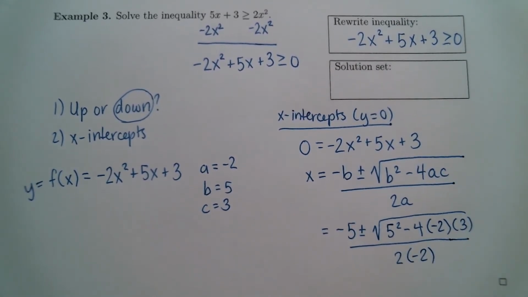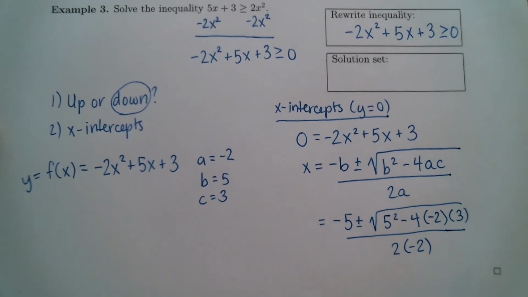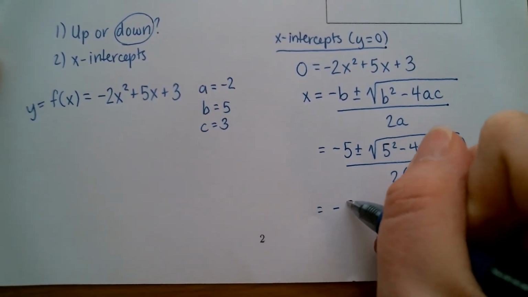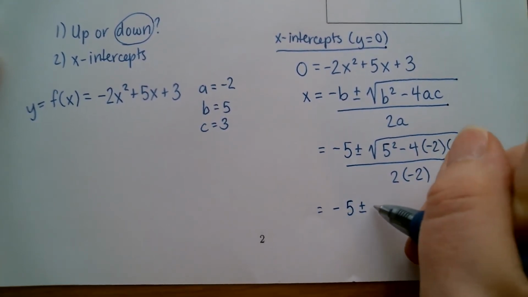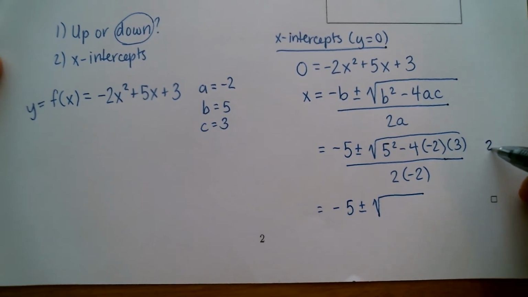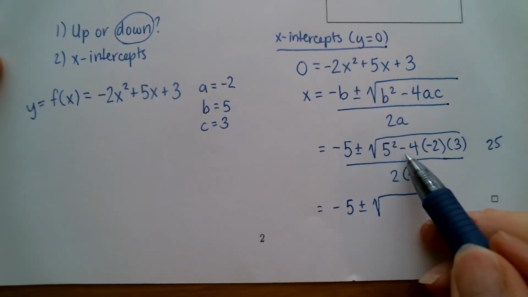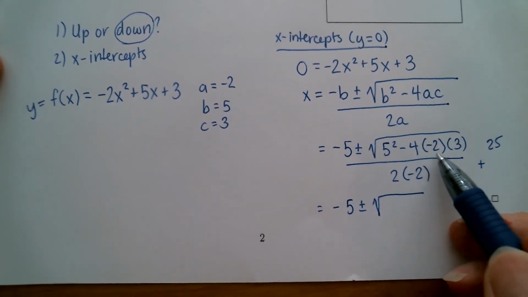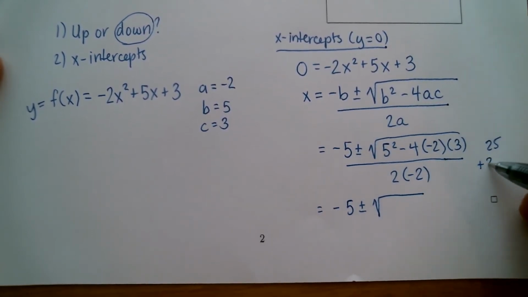Let's simplify. Underneath the square root, 5 squared is 25. Minus times minus gives us plus 8. 4 times 2 is 8, times 3 is 24. So underneath we have 49.